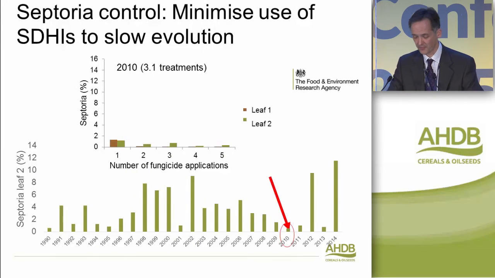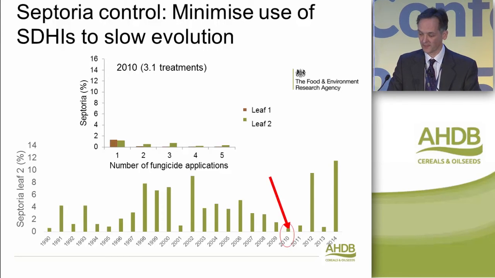I think as Jenna mentioned earlier, we need to try and identify situations where we can reduce the input to crops. In 2014 and 2012, we saw huge yield responses to treatment because we had very high levels of disease. But that's not always the case.